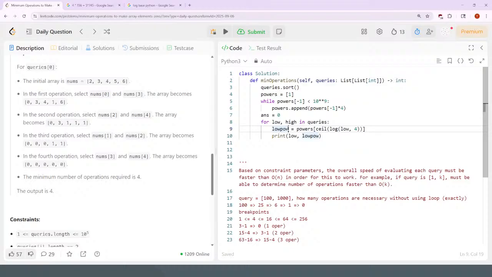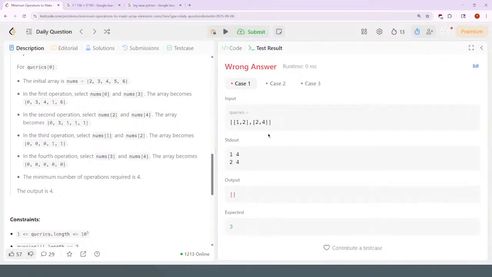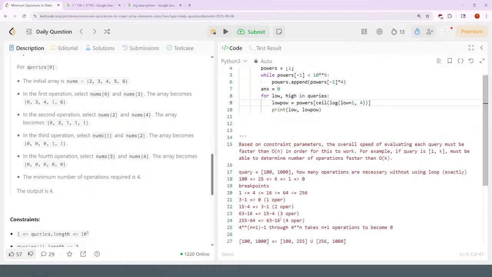I think it should be low plus 1 here, because I want to treat 1 as in the next bucket. And yeah, I think this should be low plus 1. Okay. So 1 is in the bucket that is up to 4.